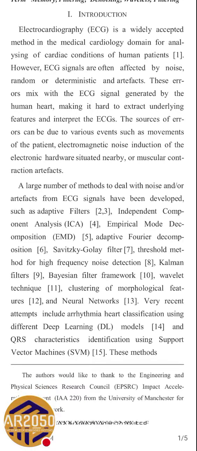The source of errors can be due to various events such as movements of the patient, electromagnetic noise induction, nearby hardware, or muscle contraction artifacts. So there could be different reasons, and each kind of noise is different in nature, and we need different kinds of techniques to remove that kind of noise.